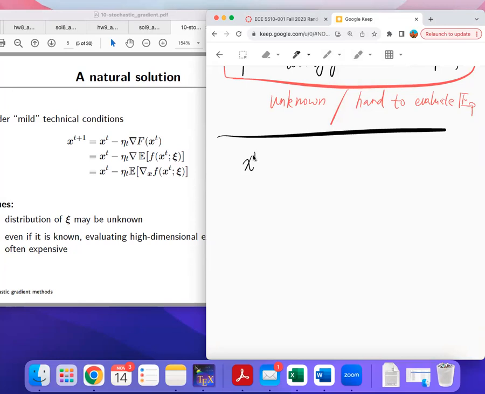So this is our goal. We want to estimate this expected gradient.